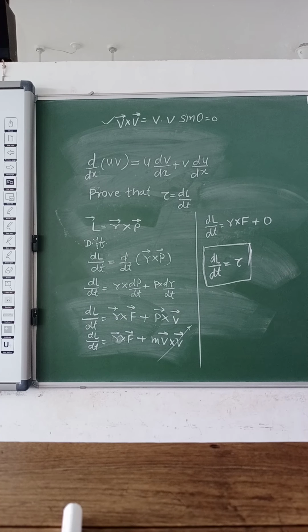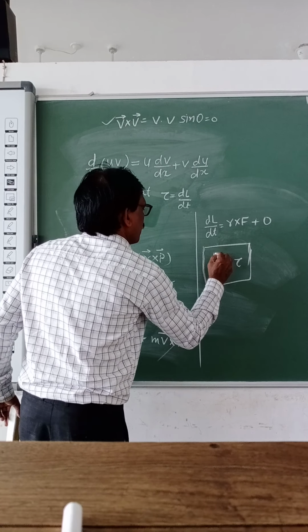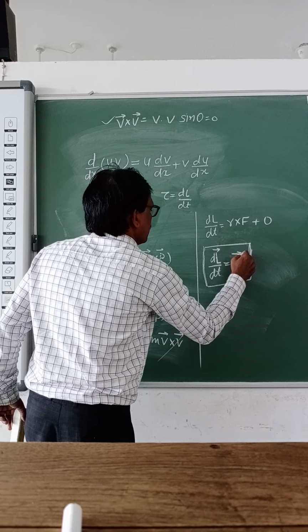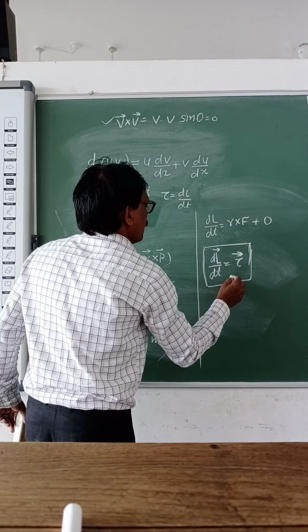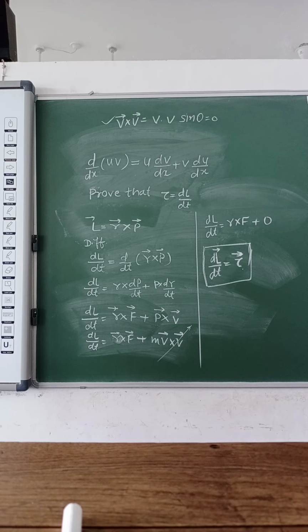Mechanically, this is called Newton's second law of motion in rotational motion. This derivation is very important: tau equals dL by dt, where L is a vector quantity.